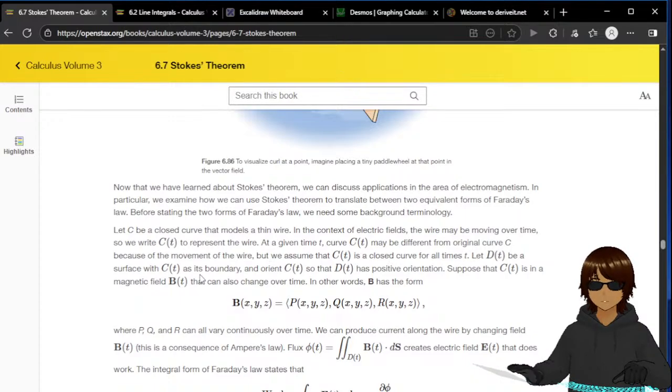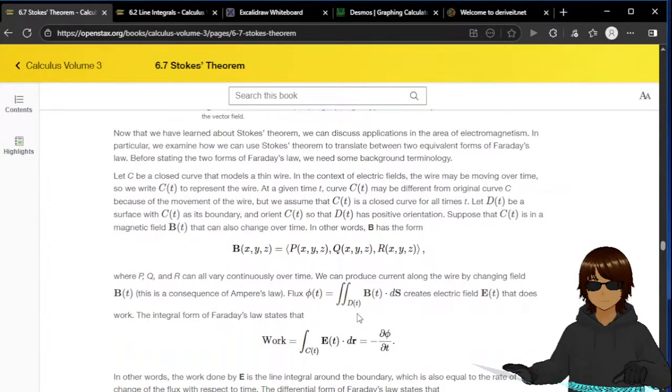Let D_t be a surface with C_t as its boundary, and orient C_t so that D_t has positive orientation. Suppose that C_t is in a magnetic field B_t that can also change over time. In other words, B has the form P, Q, R, where P, Q, and R can vary continuously over time.